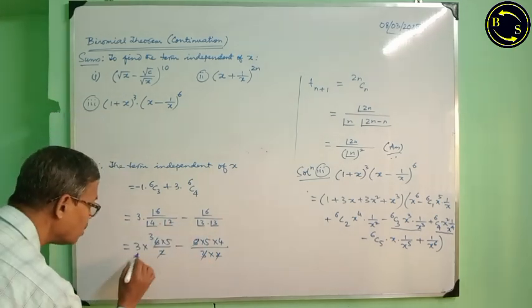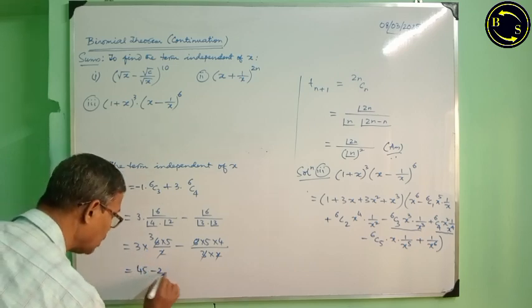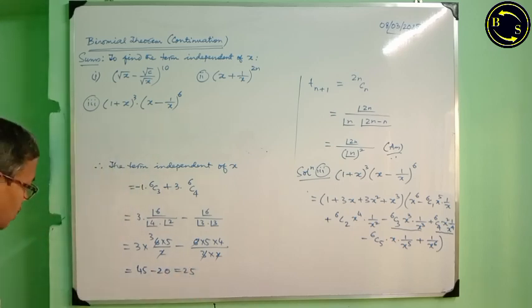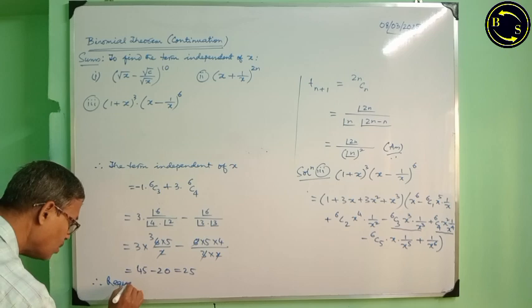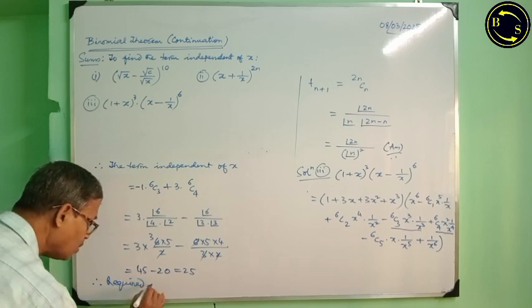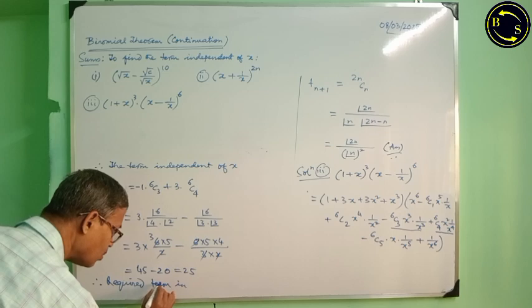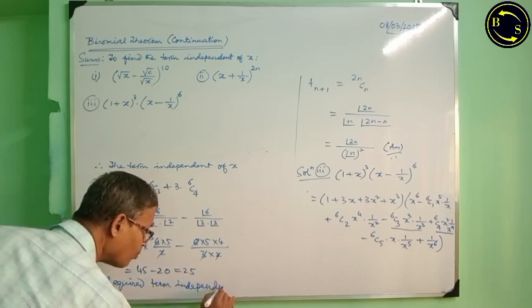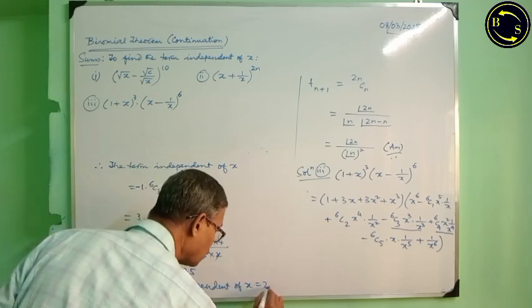Therefore, it is 45 minus 20 is equal to 25. Therefore, the required term independent of x is equal to 25.